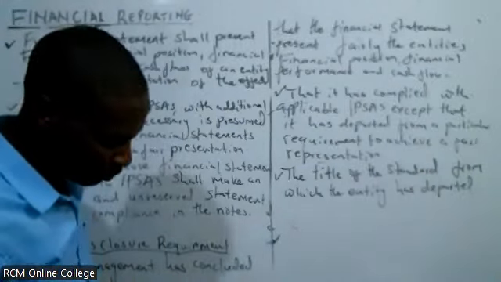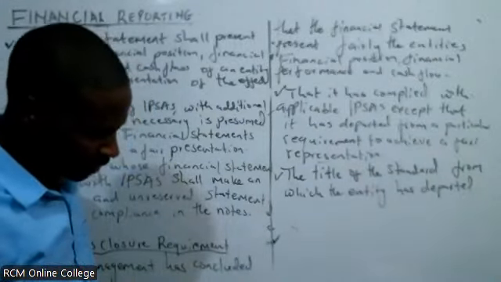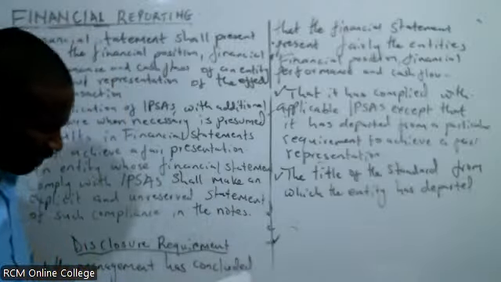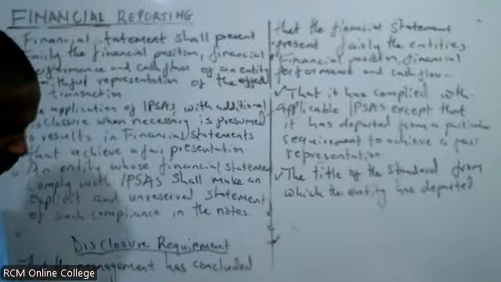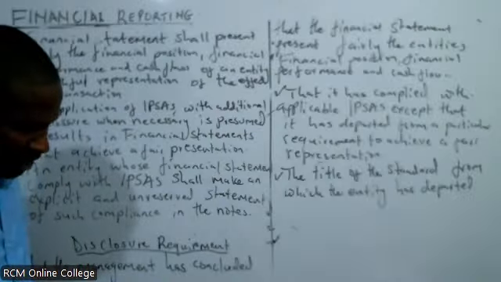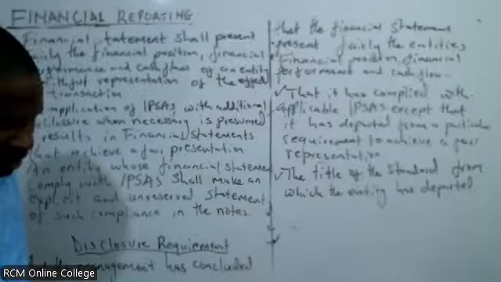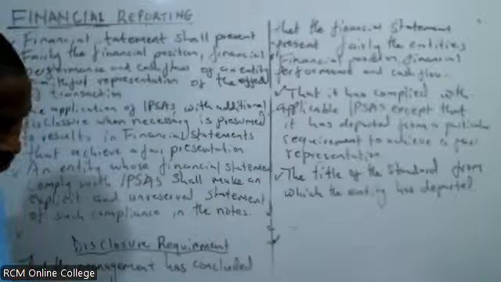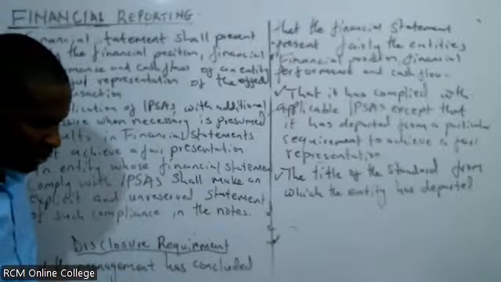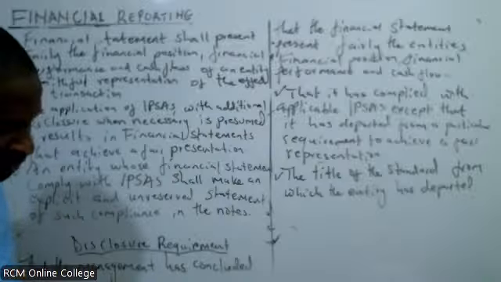The nature of the departure, including the treatment that the standard would require, the reason why that treatment would be so misleading in the circumstances that it would conflict with the objective of the financial statements set out in this standard, and the treatment adopted.